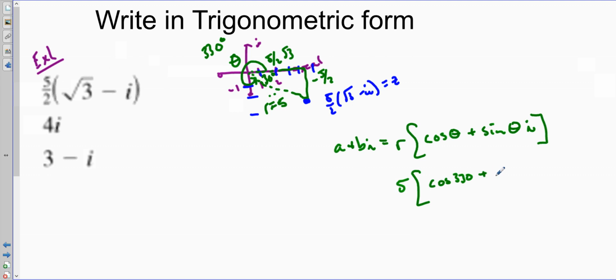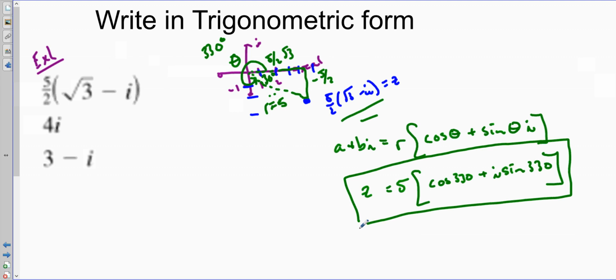So the I goes right there, times the sine of 330 degrees. And that is equivalent to Z, which is equivalent to this right here. And that's our trigonometric form. Find the angle, find our radius, and plug her in.